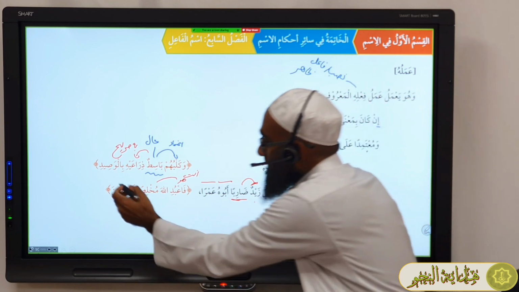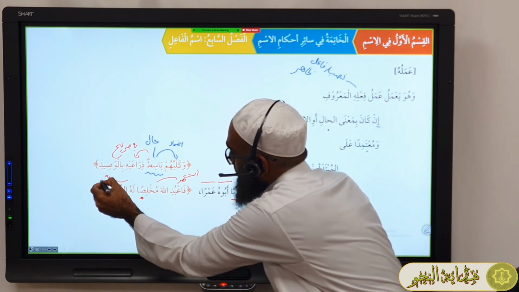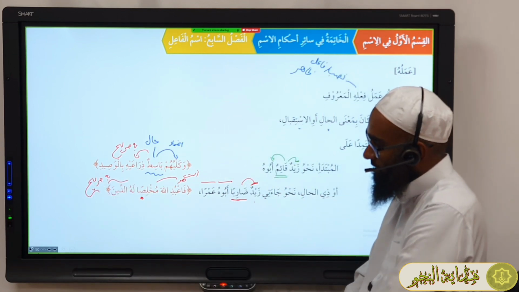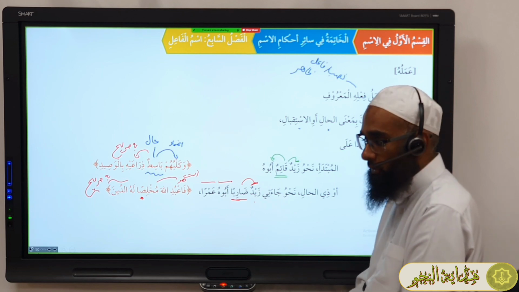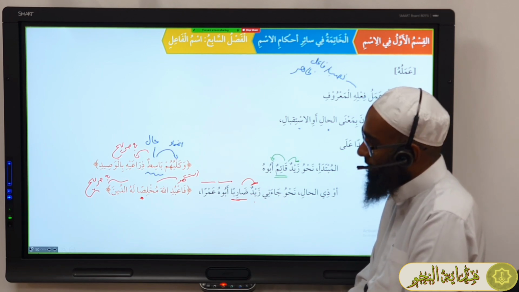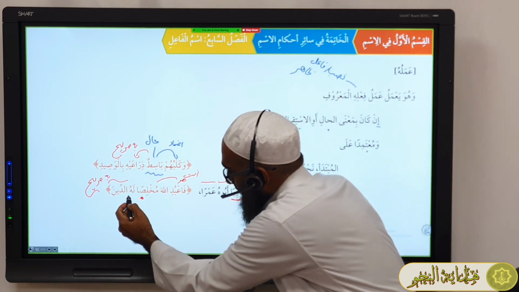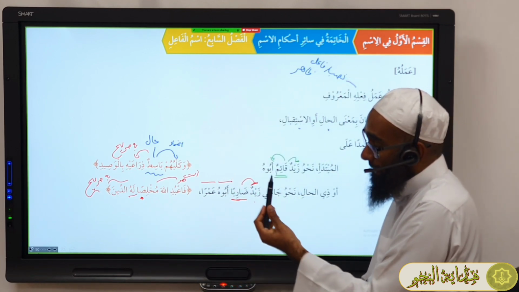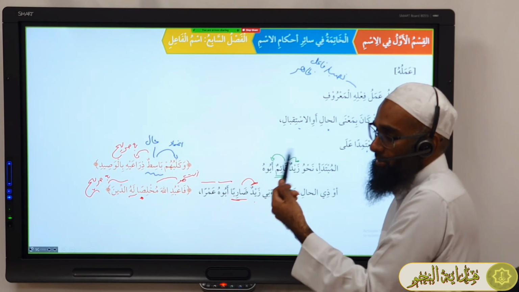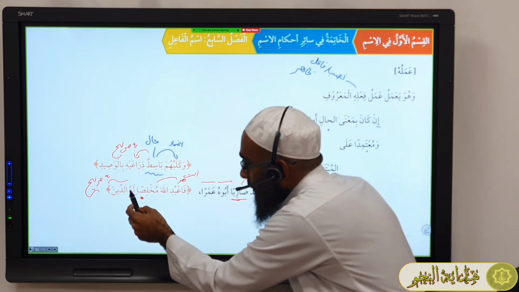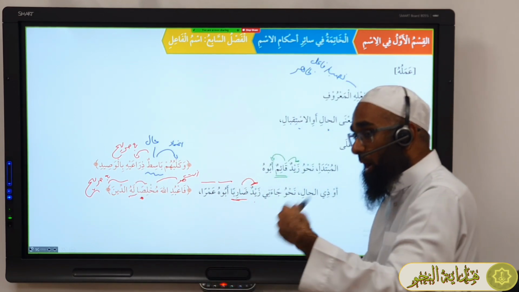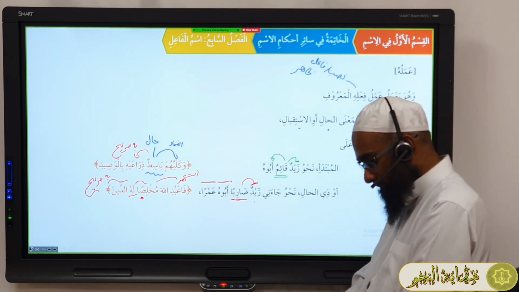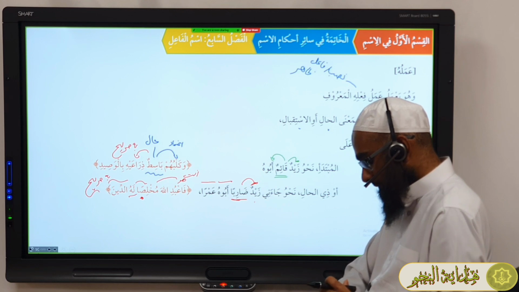And deen becomes the maf'ul bihi sarih. Understood? Okay. Now this lahu is a maf'ul li ajlihi ghayr sarih, but it doesn't need the conditions because it's not a maf'ul bihi sarih. So it becomes the ma'mul of the mukhlisan. The conditions are met, but they're not necessary. Are you following? Understanding? Any questions?